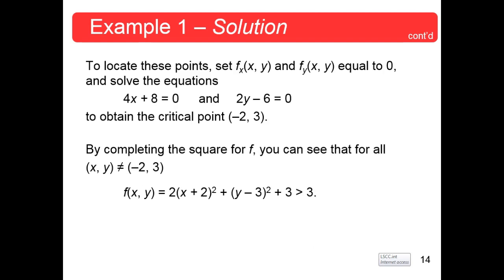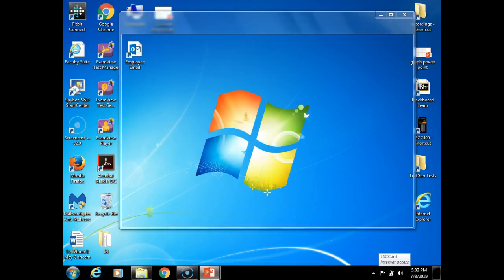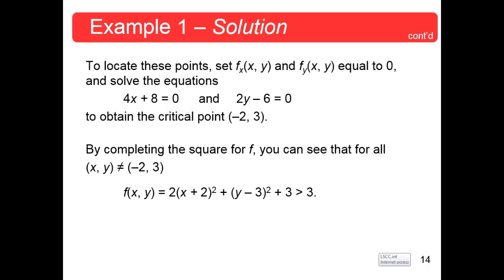Okay? By completing the square for f, you can see that for all values other than negative 2, 3, if you plug in any other value for x other than negative 2, this is going to come out a greater value.